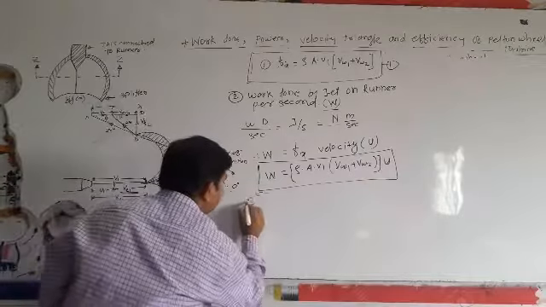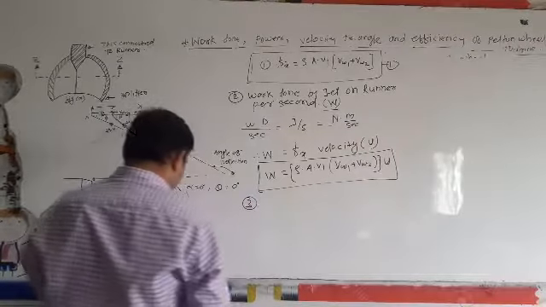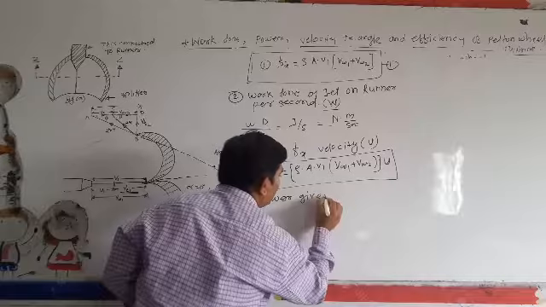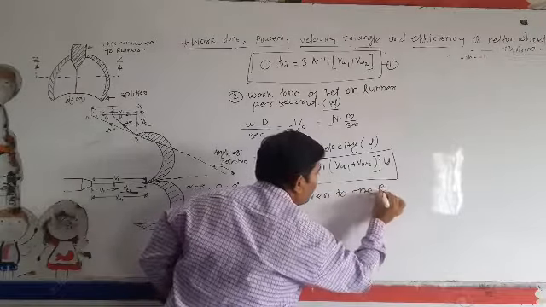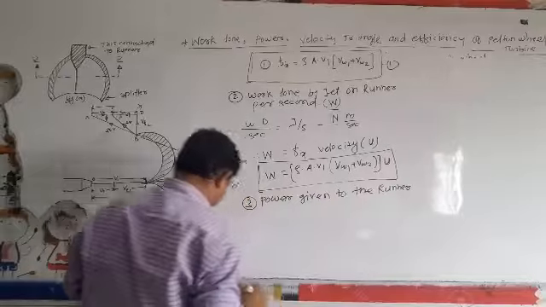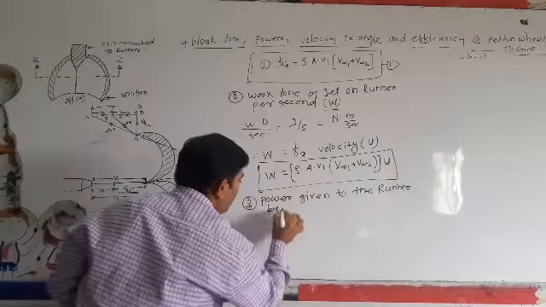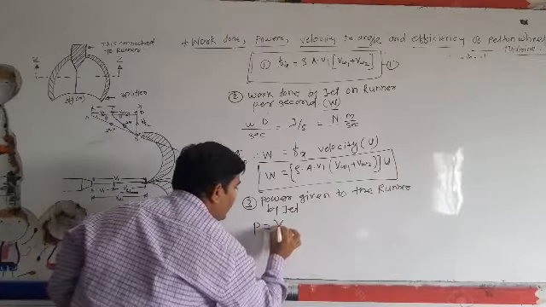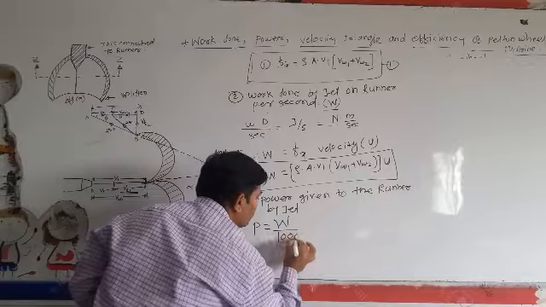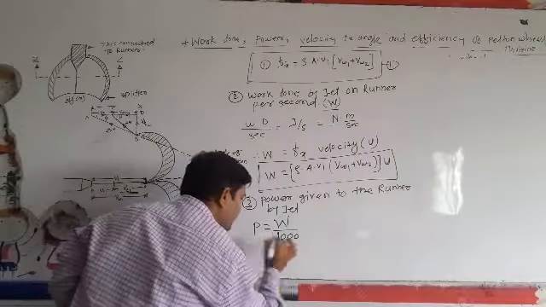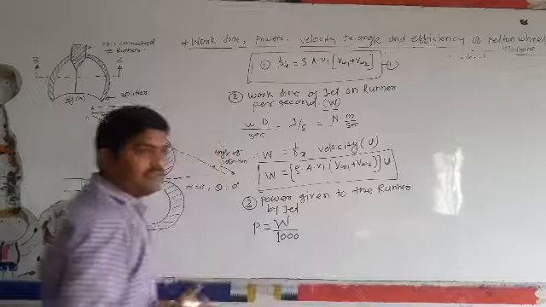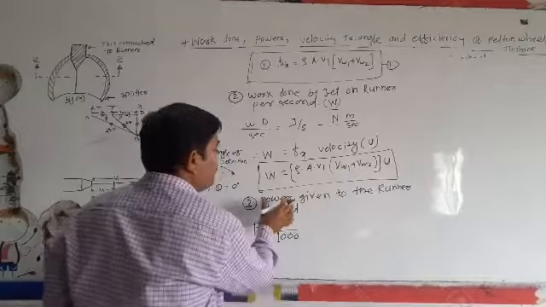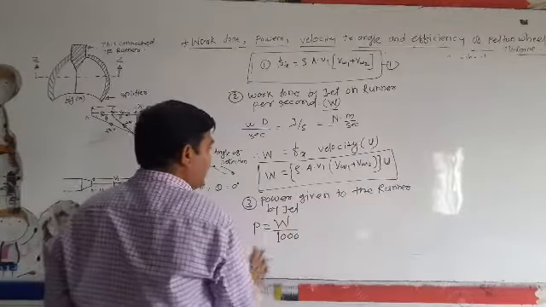Now third, the power given to the runner by the jet, which is P equal to W by 1000. Now why did we take 1000? Because the power we need is in kilowatt, so W divided by 1000 gives the power given to the runner by the jet.